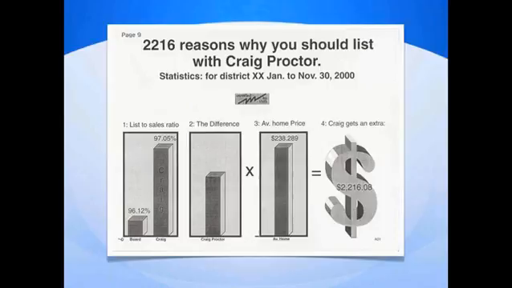Now, fortunately for me, I had an advantage in all these areas, but I promise you, if, for example, my days in the market were inferior, I wouldn't be showing the seller this graph. But here my days in the market were 33. The board average was 68 days in the market. I'm going to use that. But you could search a certain price range.